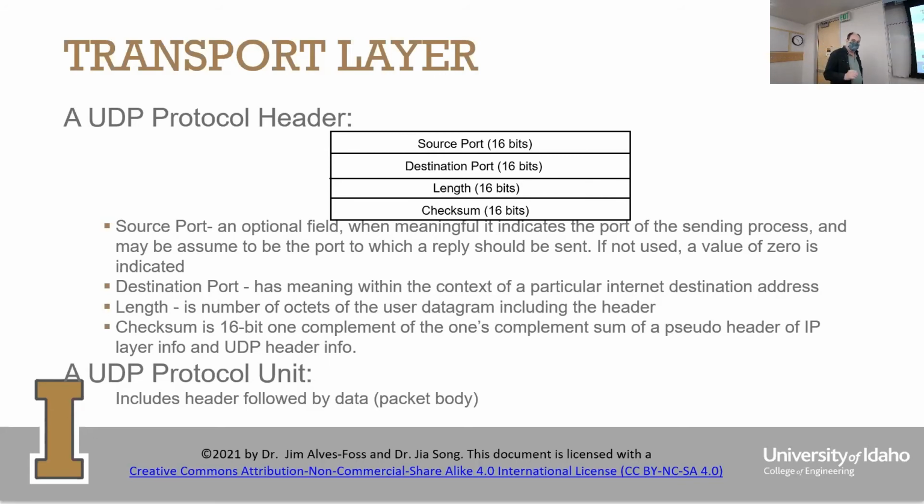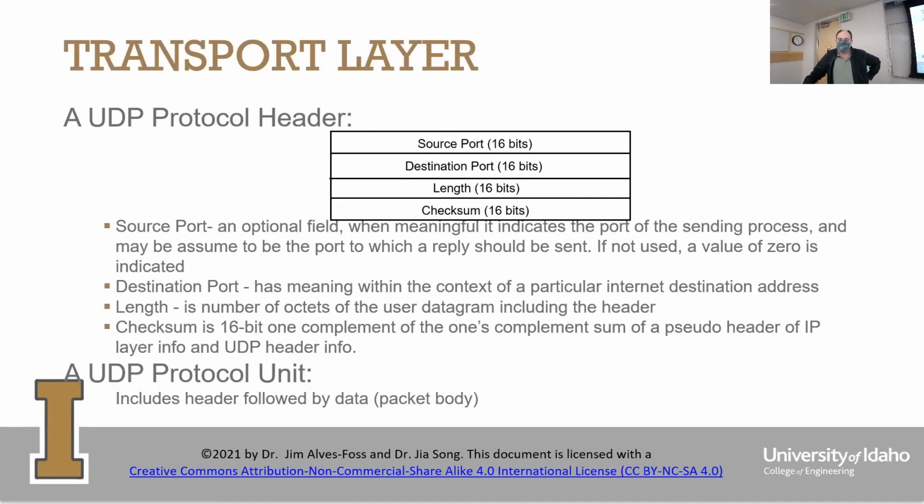Okay, I'm going to start at the bottom. It has a checksum. 16-bit ones complement of the ones complement sum of a pseudo header of IP layer info and UDP header info. So it actually assumes an internet protocol header too, and does a checksum on that. And it's pseudo because certain fields are assumed to always have certain values like zeros or whatever.